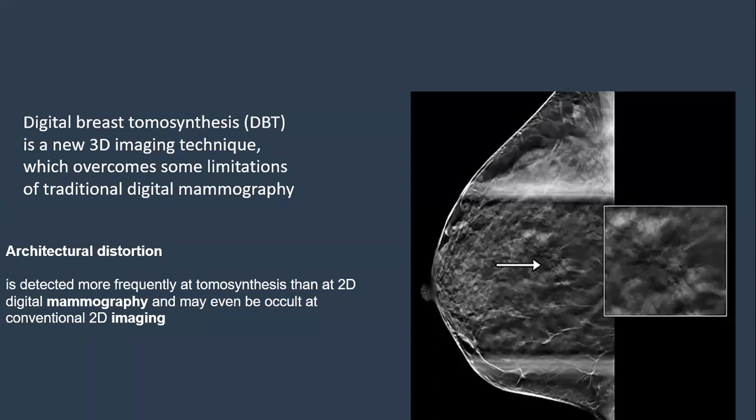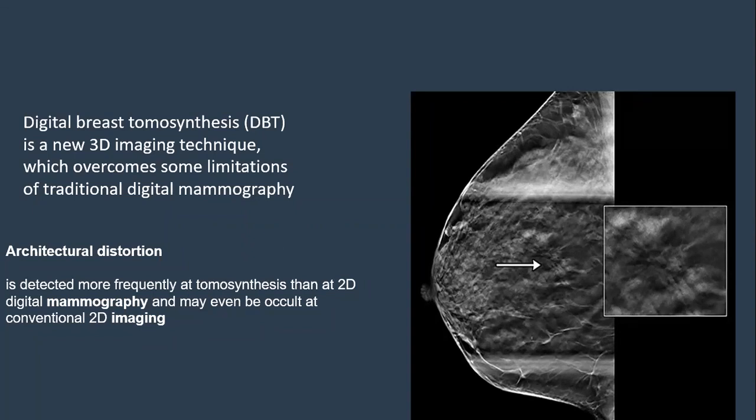This is an artifact. This is the same area of architectural distortion, spot or magnification view. This is a magnification view for the same area. So this tomosynthesis demonstrates a subtle area of architectural distortion.